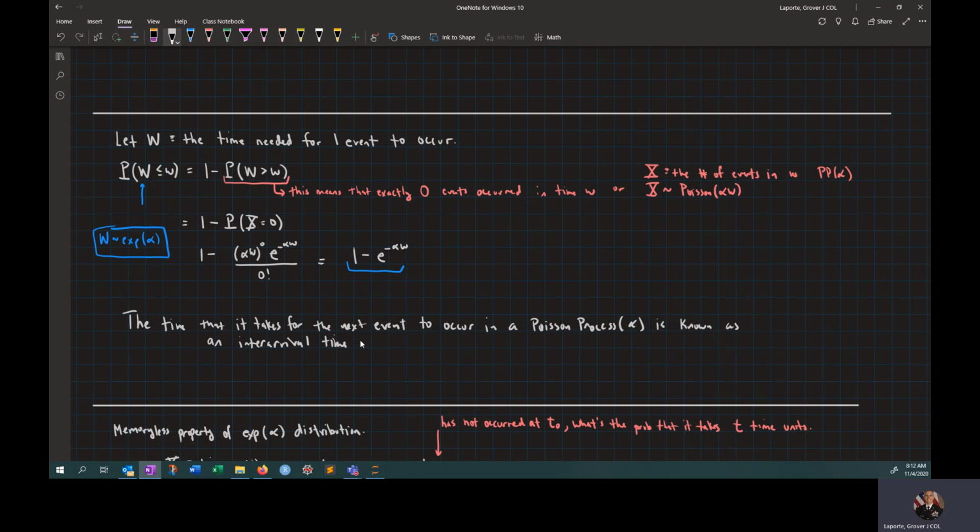And again, these are pretty important. These interarrival times are distributed as an exponential with whatever the rate is.